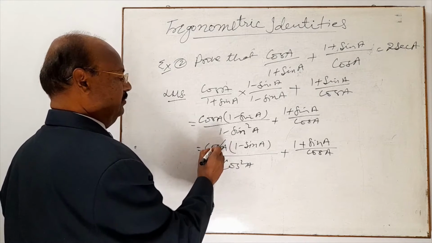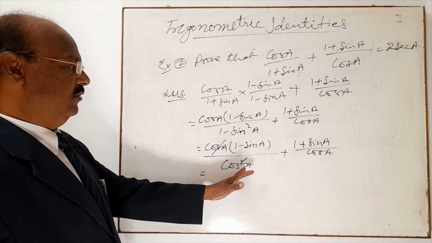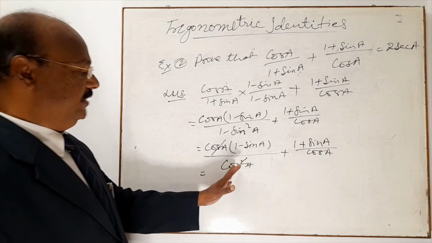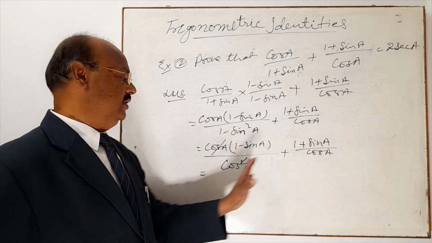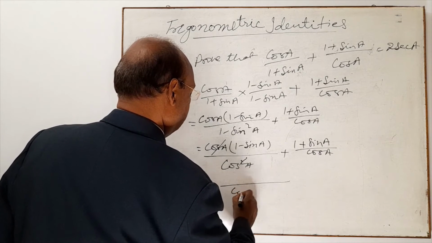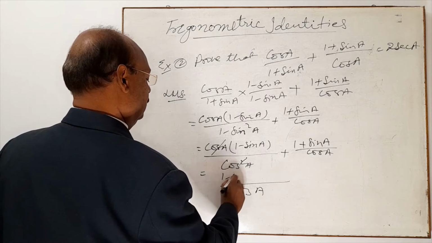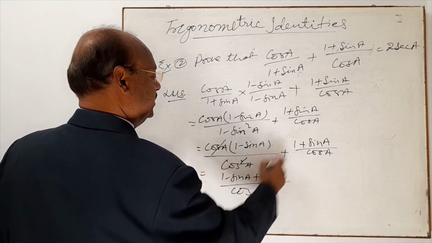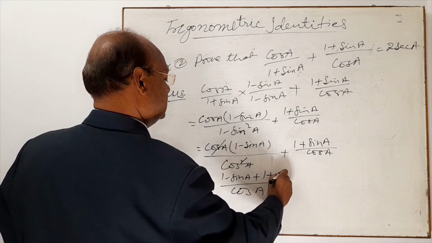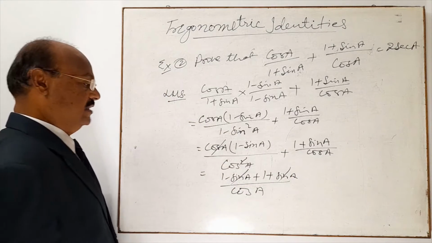This one cos A will be cancelled out, so the square will be removed from here. And we'll take the LCM of the denominators. Both the denominators are cos A. So here the denominator will be cos A, and the numerator is 1 minus sin A plus 1 plus sin A. Minus sin A and plus sin A will be cancelled out.